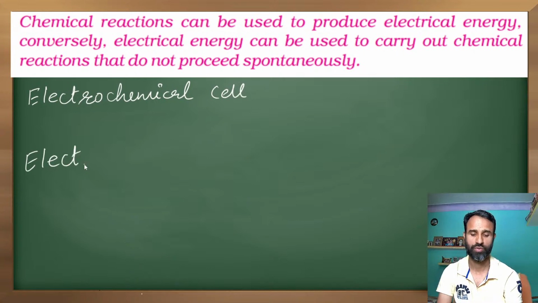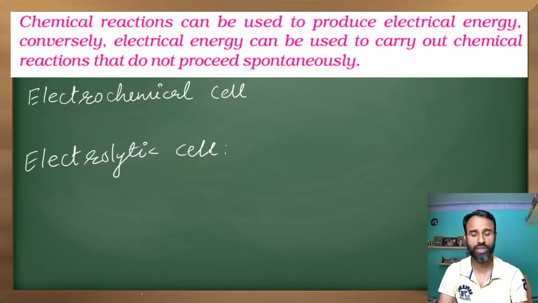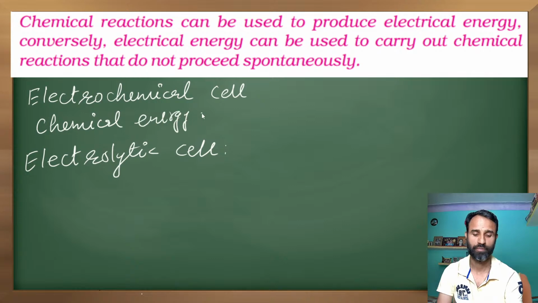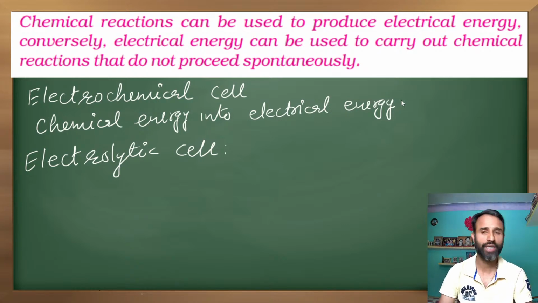An electrochemical cell is a device which converts chemical energy into electrical energy. In an electrochemical cell, a spontaneous reaction takes place in which chemical energy is converted into electrical energy.